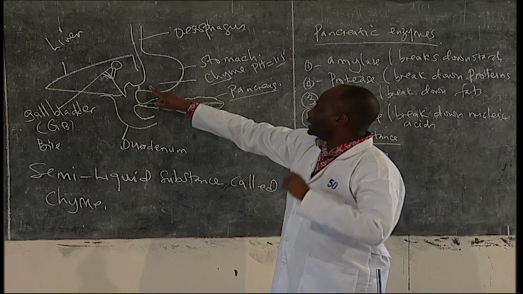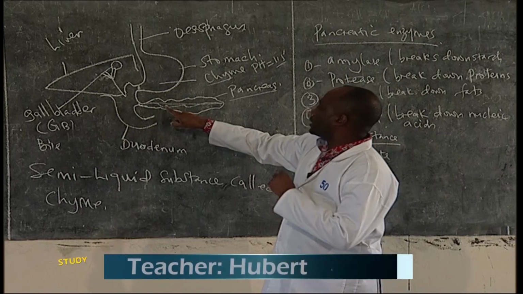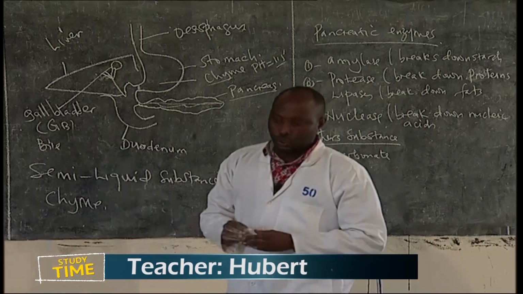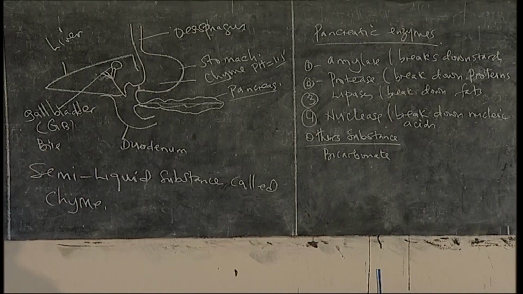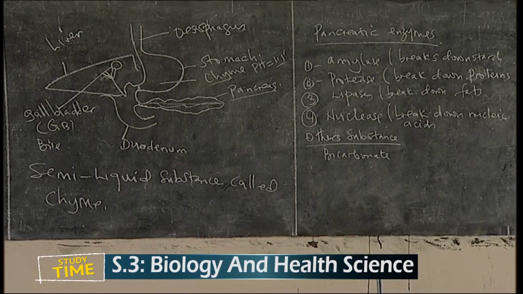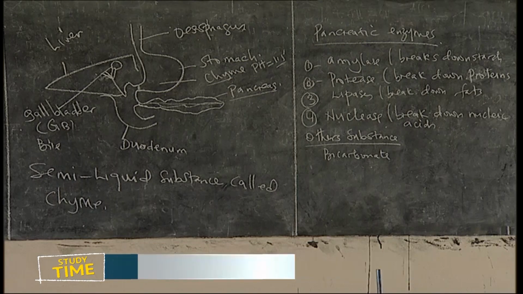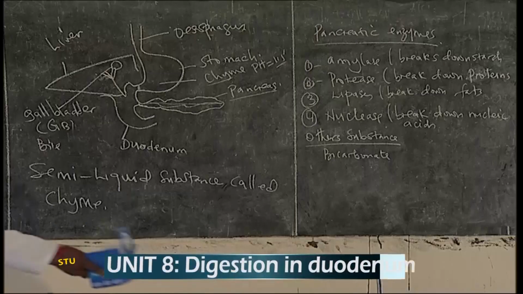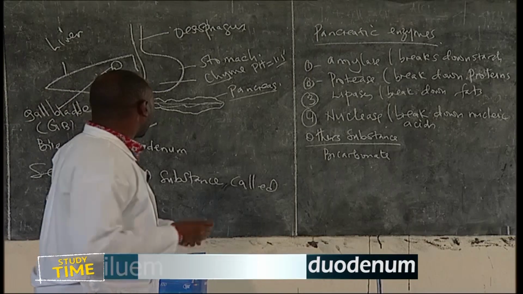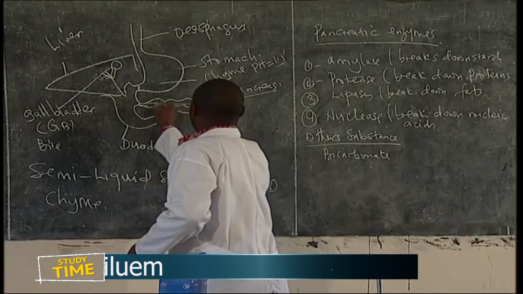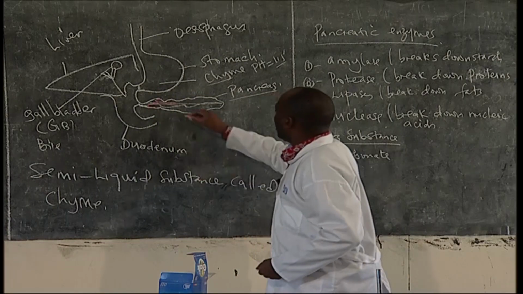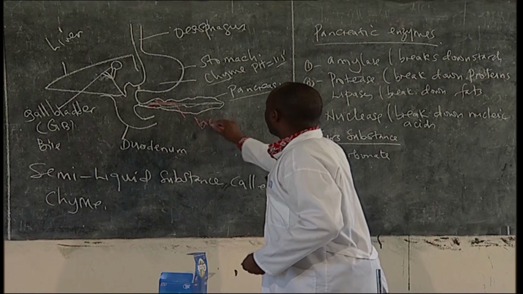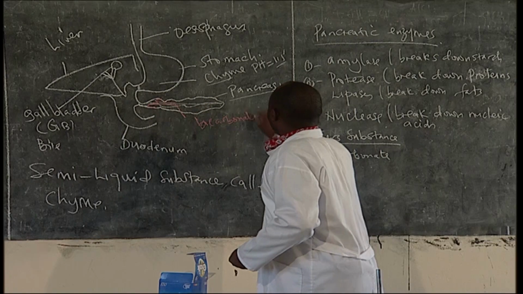So once it is released, the pancreas has to release bicarbonate. In this diagram, the pancreas releases some enzymes and also bicarbonate, which is very important.